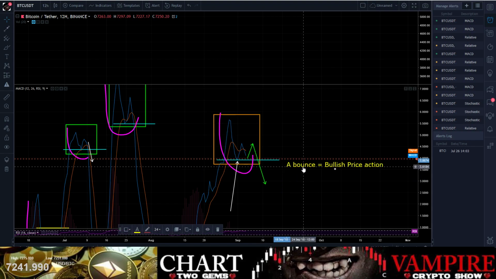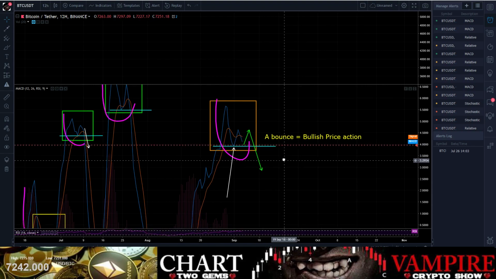A bounce would equal bullish price action.